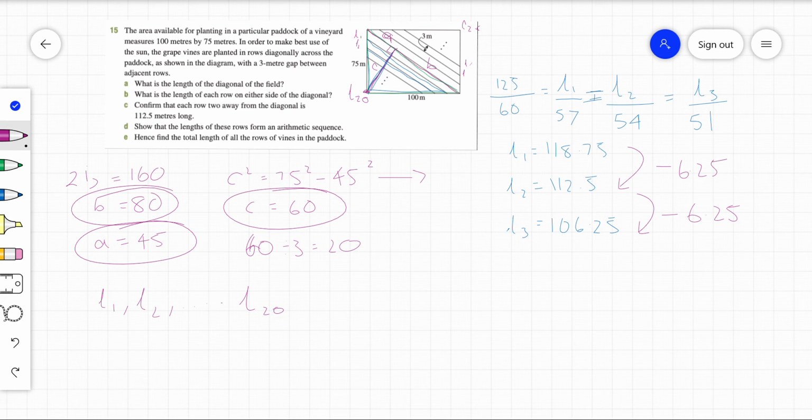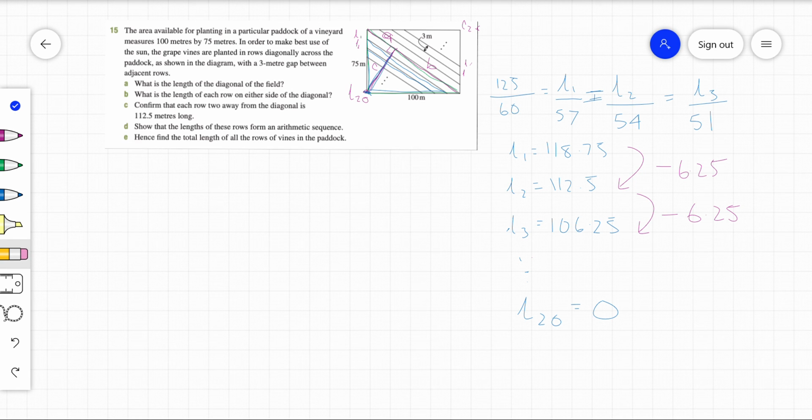The first term being 118.75, and remember our last term, if we go down to the L20, which we know is 0 because that's just right at the corner there. So if I want the total length of all those rows, we just remember that L1 to L20 are on both sides of that diagonal.